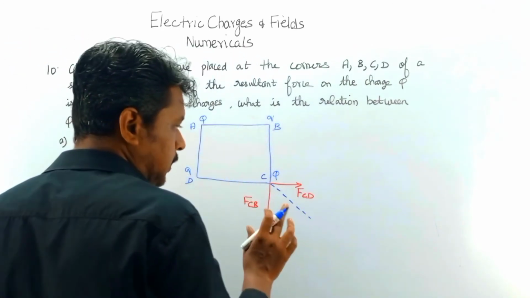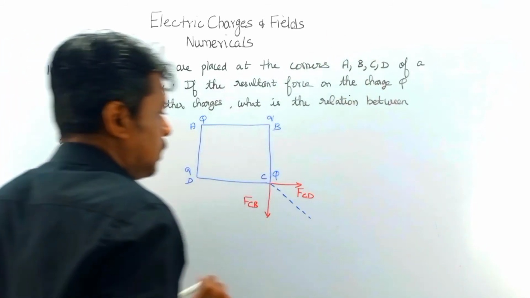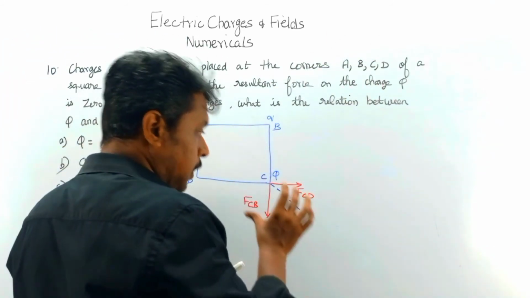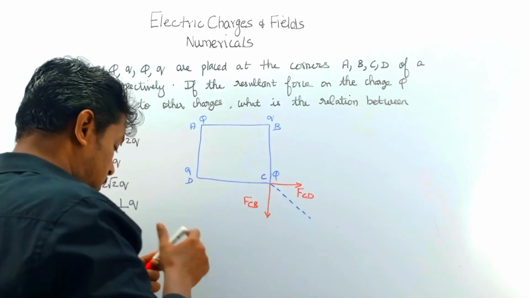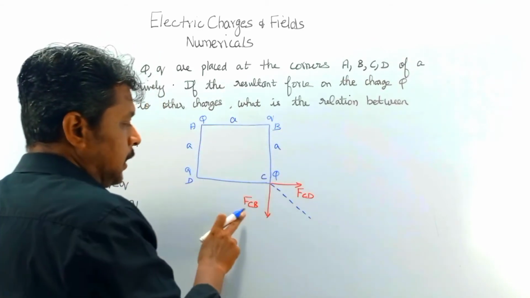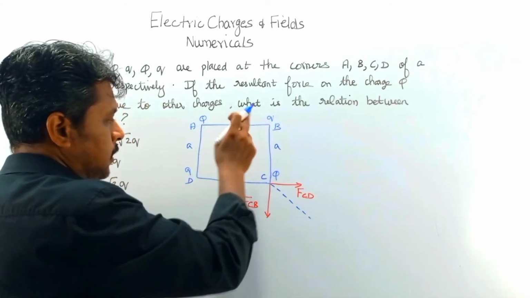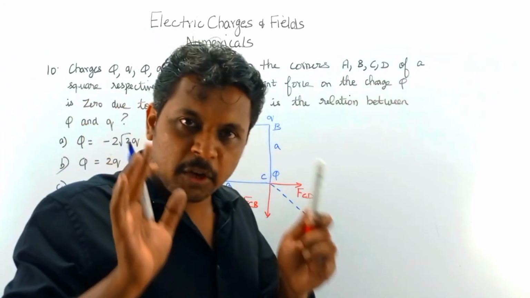So we have to find the resultant. First of all, we will find the resultant of these forces. So first we have to find the force individually. See, this distance of separation, let's take it as small a. These two charges are separated by the same distance, so those two will have the same magnitude of force.